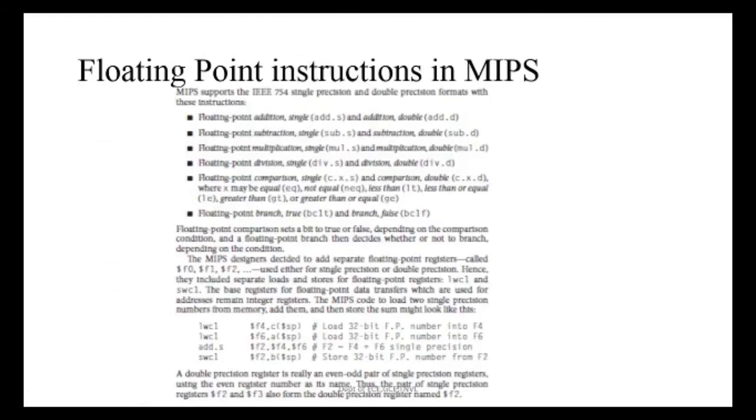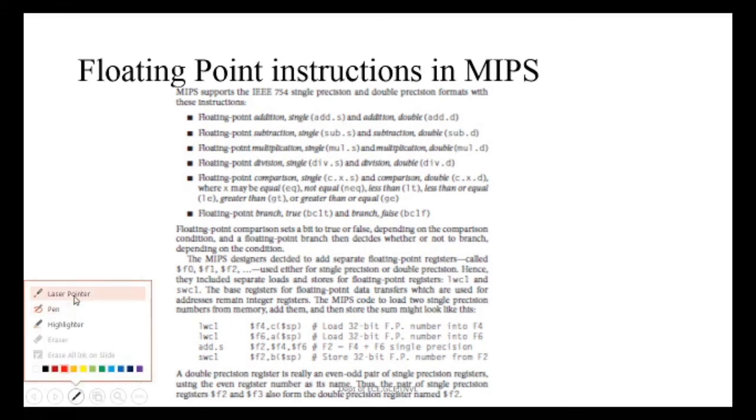If we come to the floating point instructions in MIPS, they have two parts: one for single precision and another for double precision. For single precision it is mentioned as S, and for double precision the variables are represented as D. For floating point addition, single precision is add.s and double precision is add.d.